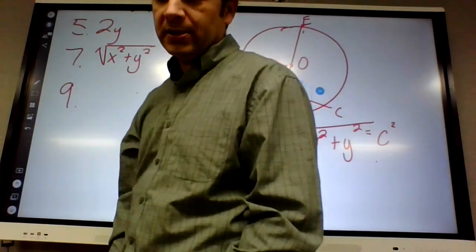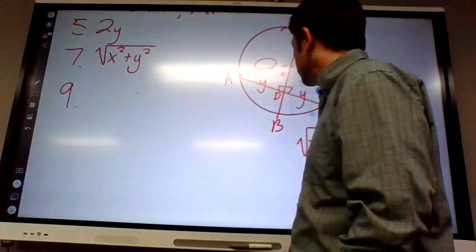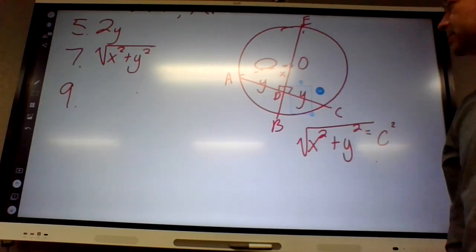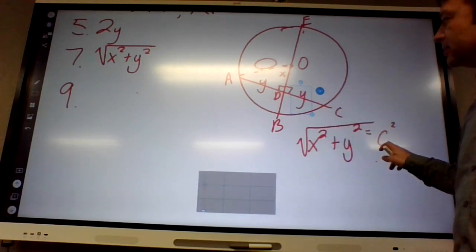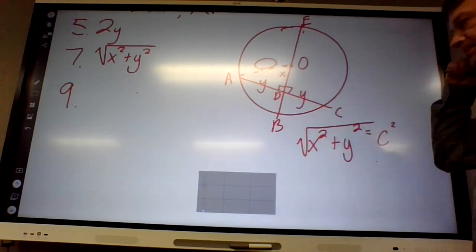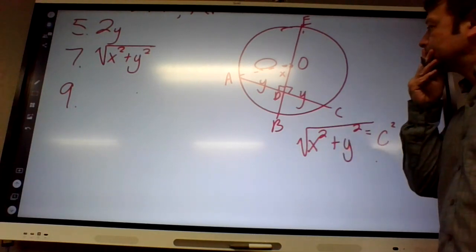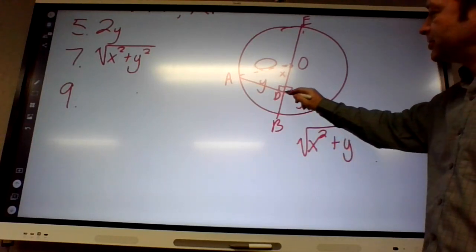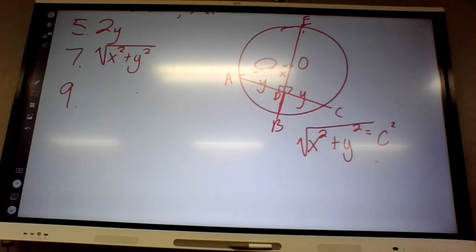Number 9. BD. This one is probably the trickiest one. Alright, BD just goes from here to here. Anybody have a bright idea on that one? Probably not.